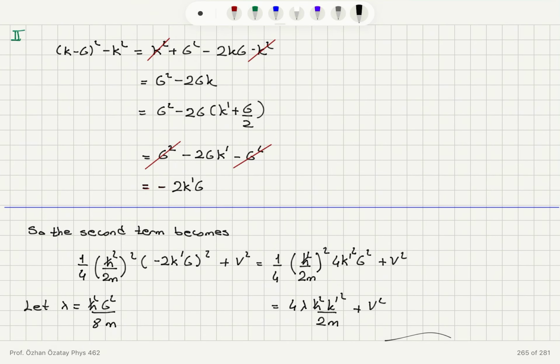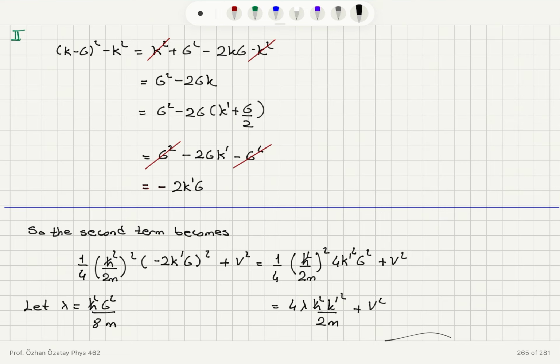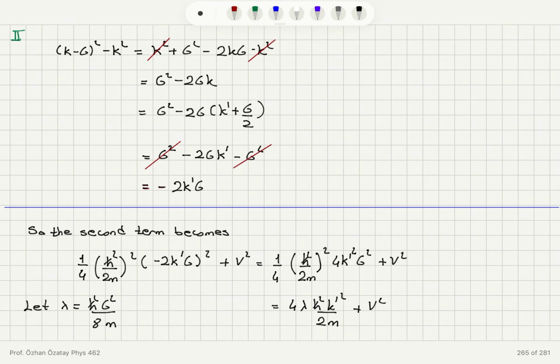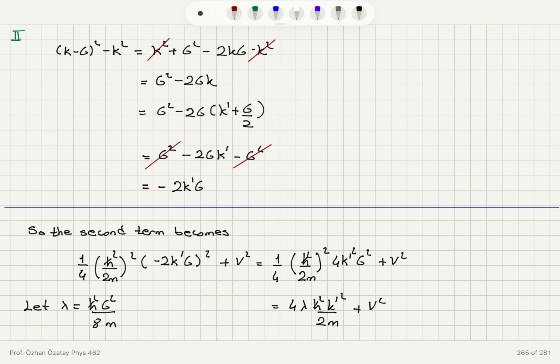The second term becomes, let's see here, 1 over 4 h bar square over 2m square root. For the (k minus g) square minus k square, I substitute minus 2k prime g.